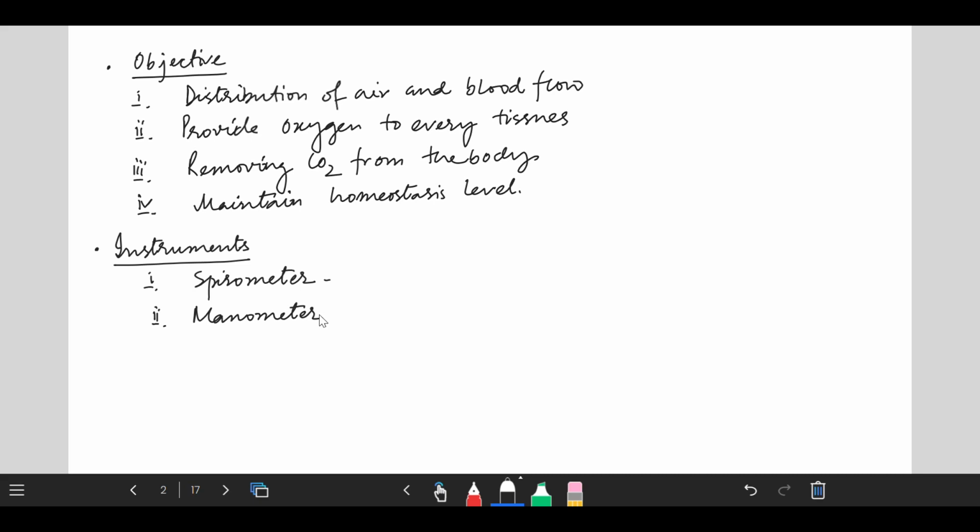Okay. Now we will see the mechanism. The movement of air or O2 into the lungs and out of the lungs, or CO2, is carried out by changes in the thoracic cavity and the diaphragm. This mechanism consists of two phases.